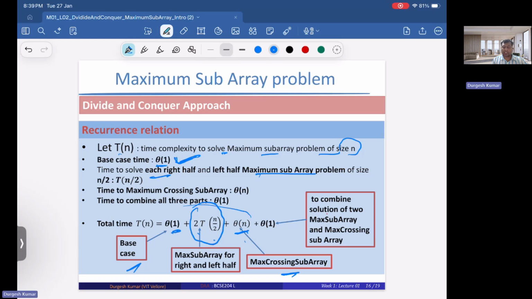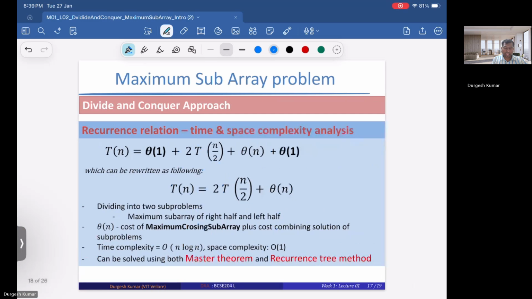After calculating the result of the three functions, you need to compare which one is giving the highest, so this theta 1 is for that comparison. As a result, you get T(n) equal to theta 1 plus 2T(n/2) plus theta n plus theta 1, which can be simplified as T(n) equal to 2T(n/2) plus theta n.